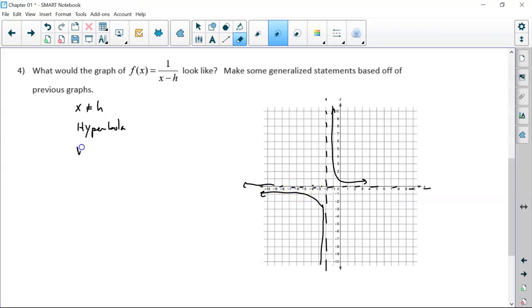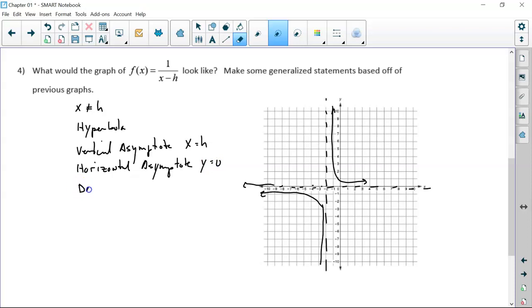Now, the vertical asymptote, if you look at our previous problems, it's wherever that h is. So our vertical asymptote is at x equals whatever h is. For all of these in this form, our horizontal asymptote is at y equals 0.